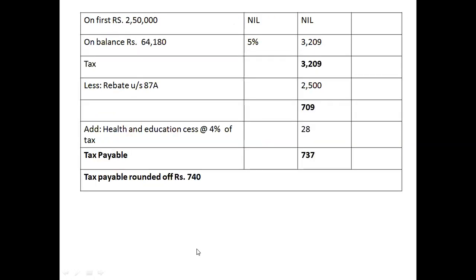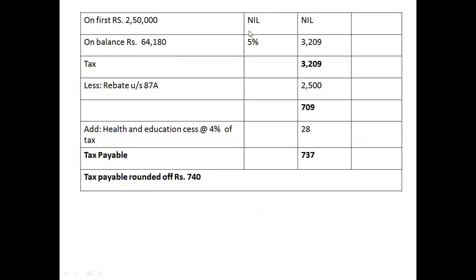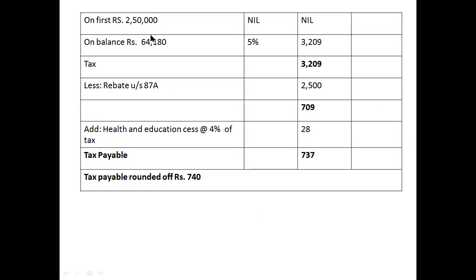Now for 3,14,180, we should always know the rule, that is the slab rate that we are going to apply. The first 2,50,000 will be nil, and then the balance, 3,14,180 minus 2,50,000, will be 64,180. For that, the second slab is 5%, so 64,180 into 5% is 3,209, and the tax will be 3,209.